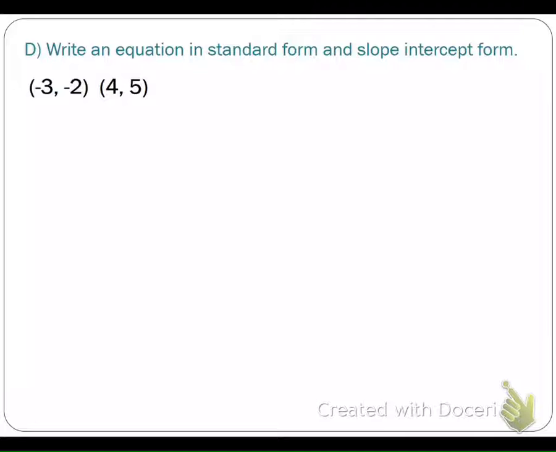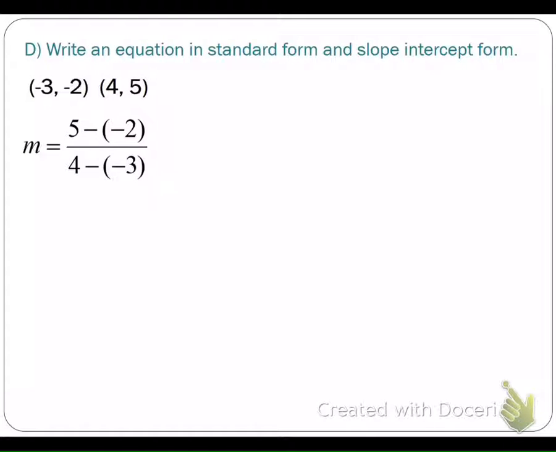All right, here's the next one. All right, how do I start? 5 minus negative 4 over 5 minus 3.